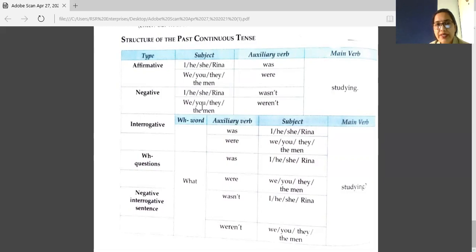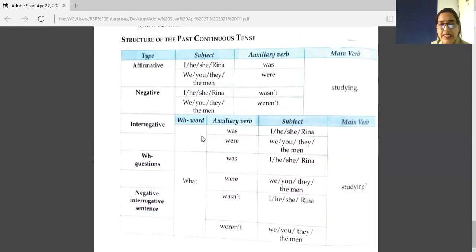Now, plural subject, we, you, they, we weren't. We have to use were not, or weren't. We weren't studying. You weren't studying. They were not studying. Okay.